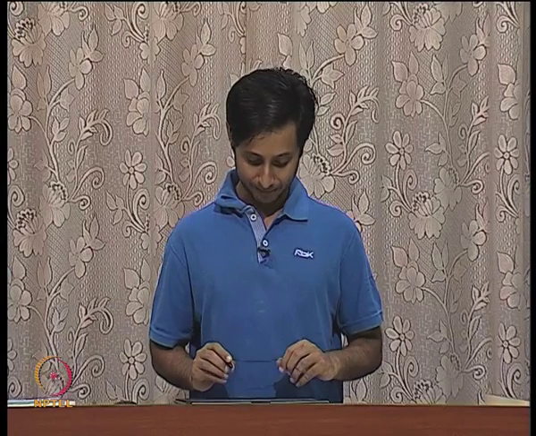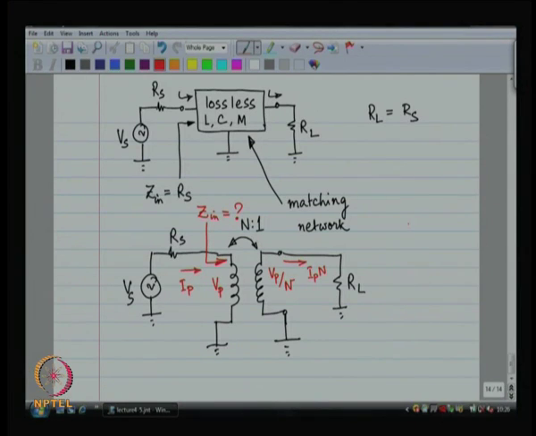So, the impedance looking into the primary is V primary by I primary. What is the relationship between V primary and I primary? We know the relationship at the load.